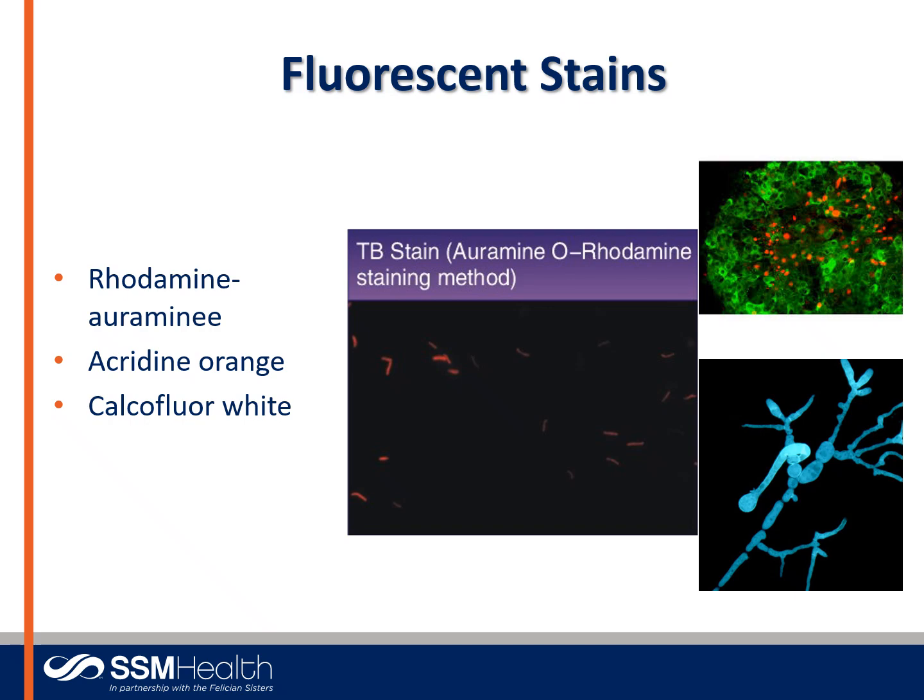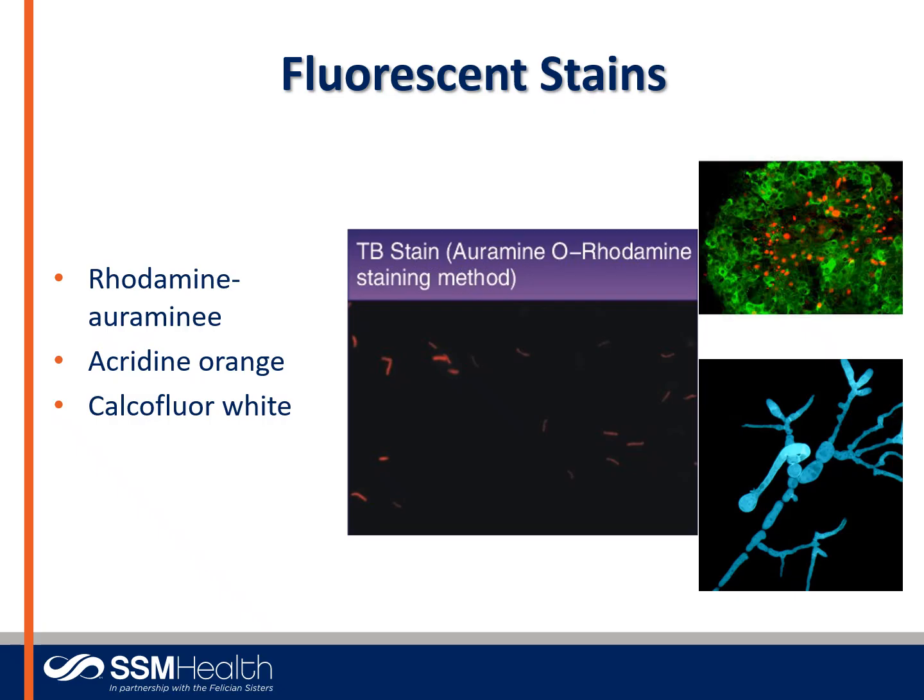And then the bottom right stain, it's my favorite fluorescent stain, calcofluor white. I really like yeast and fungi. The calcofluor white is used to stain specimens for the presence of fungi or fungal elements.